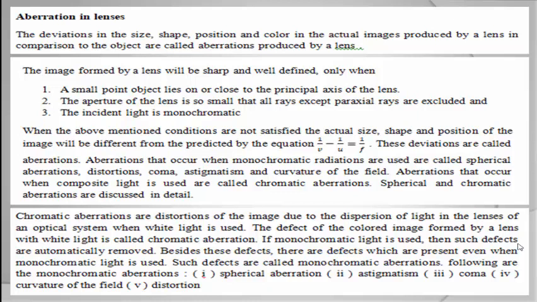The image formed by a lens will be sharp and well defined only when a small point object lies on or close to the principal axis of the lens.